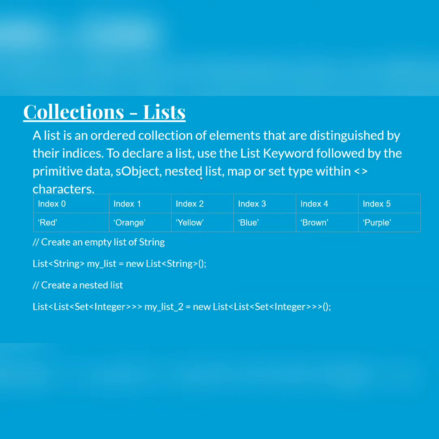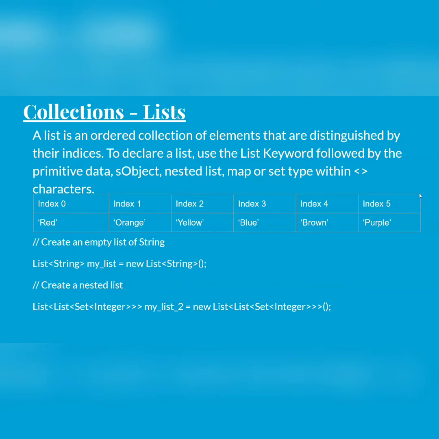You can have a nested list, like a list, under that another list, under that a set, and under that an integer. So you can have nested list, map, or set types within. You have to use these characters. Inside that you can define your list. Index 0 will have one value, index 1 another value, and so on.